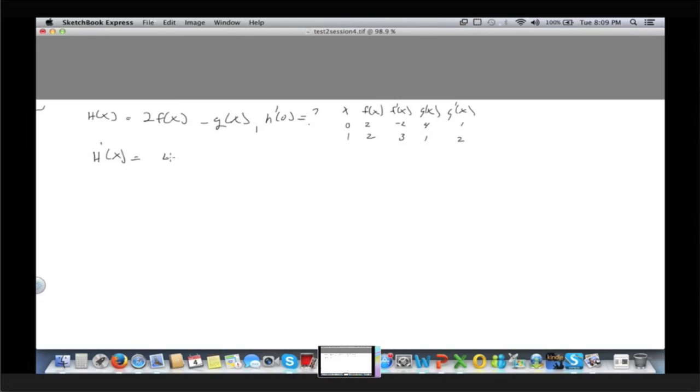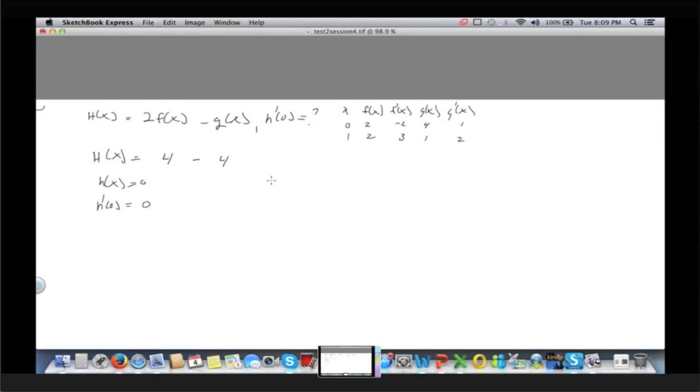So I guess I should just rewrite the function first. Minus 4, h of x equals 0. Well, h prime of 0 equals.